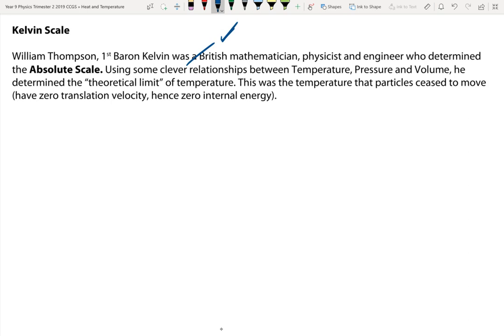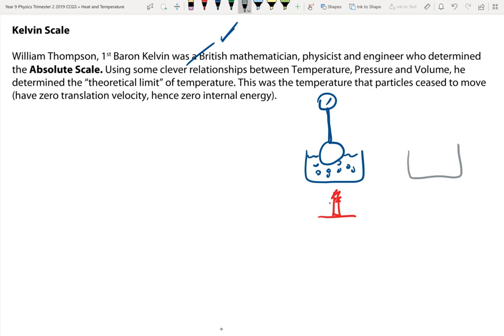Pardon the pun. So, here's my little steel bulb with my pressure gauge. Let's put it in some hot water. That's a Bunsen burner. And then let's place it in some ice cubes. And obviously the pressure goes down.